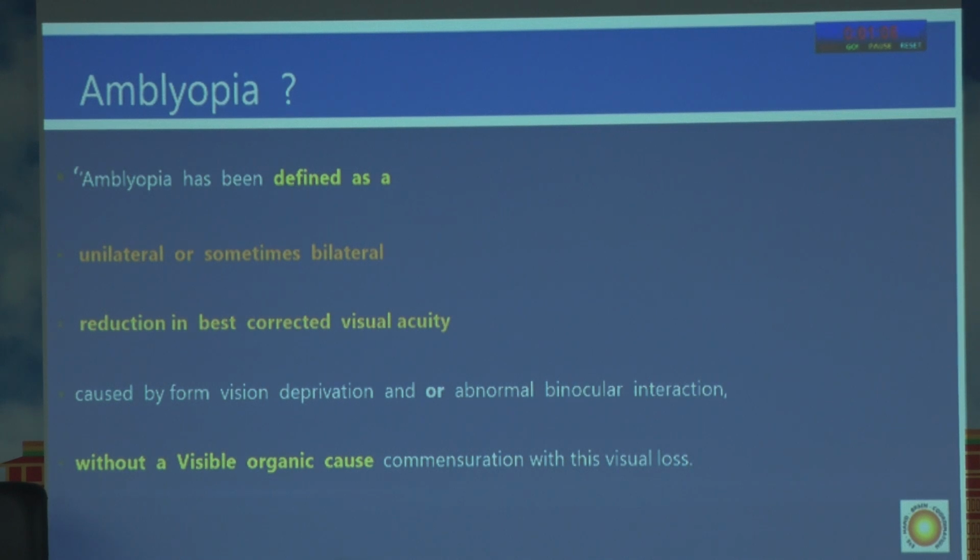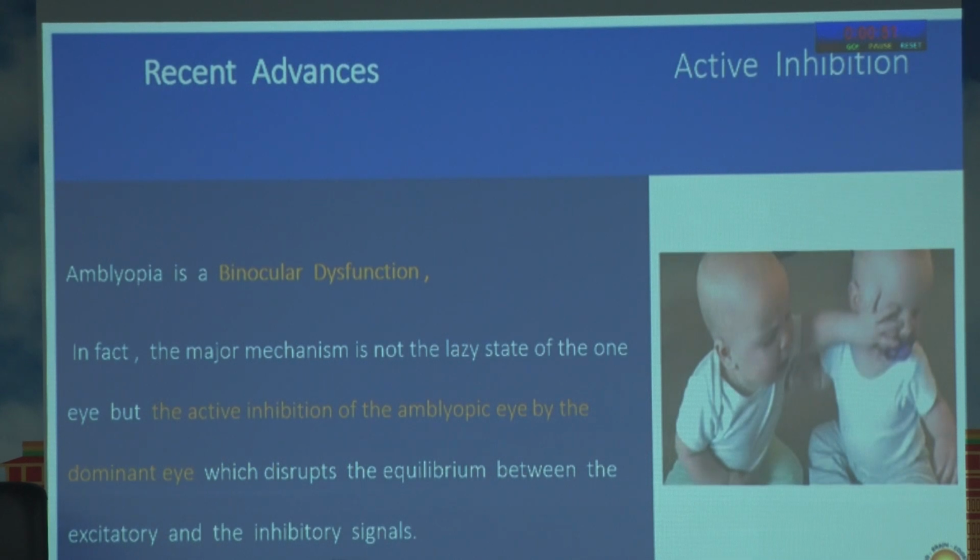Again, there is a change in the definition of amblyopia. Amblyopia has been defined as a unilateral or sometimes bilateral reduction in best corrected visual acuity without a visible organic cause. But as per recent advances, amblyopia is a binocular dysfunction.